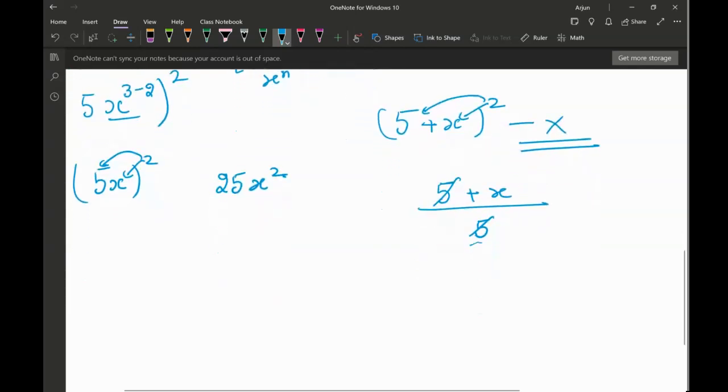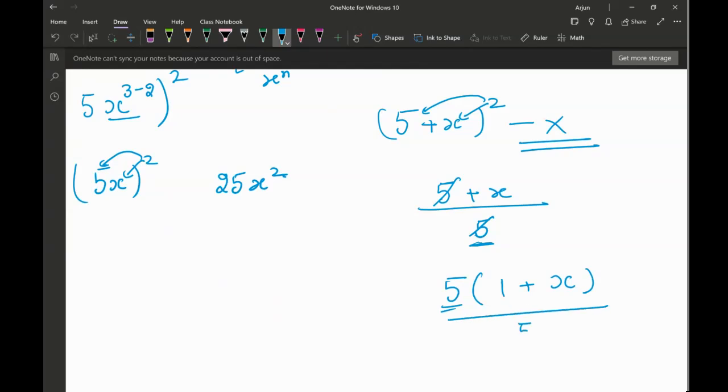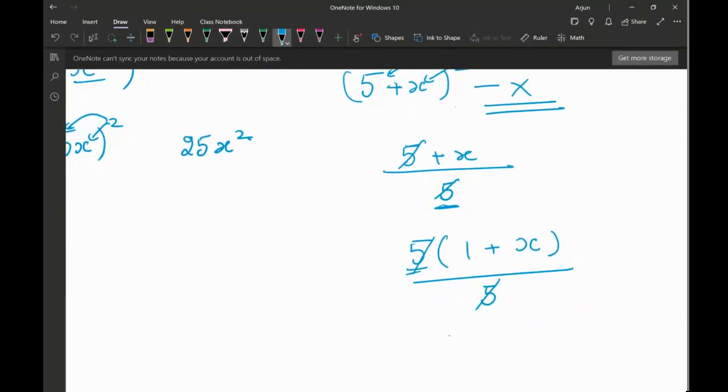To cancel something, if you wanted to cancel the top and the bottom, or means if you wanted to divide them, you need to have something common from the top. So if it is 5, let's say 1 plus x, it's something like this, then you can reduce them. But you cannot just reduce 5 plus 5x.